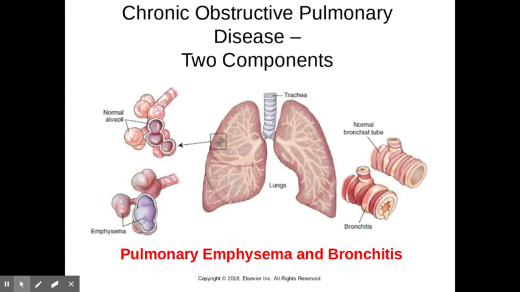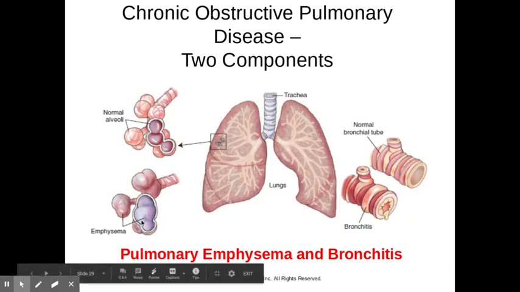Chronic obstructive pulmonary disease. There's two components. We have emphysema. As you can see, the normal alveoli have certain separations or partitions. You can see that there's 3 different cavities. But when you have emphysema, the alveoli will actually meld together and become one giant alveoli, right?